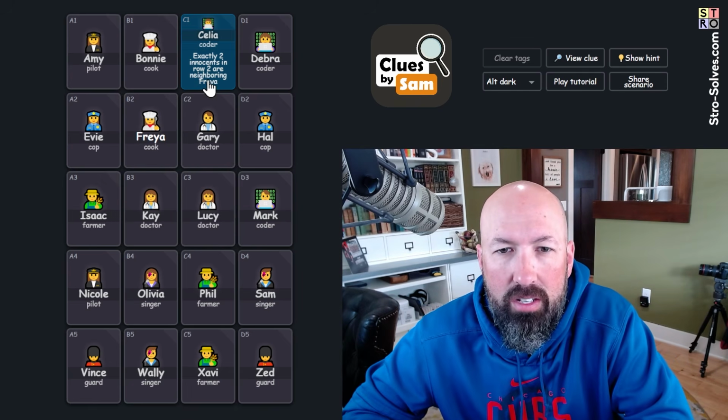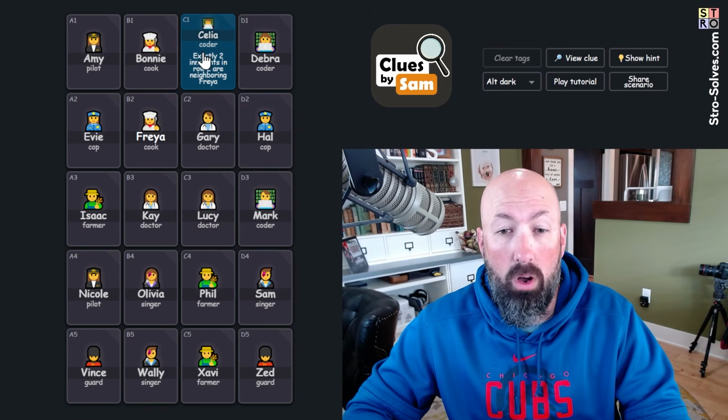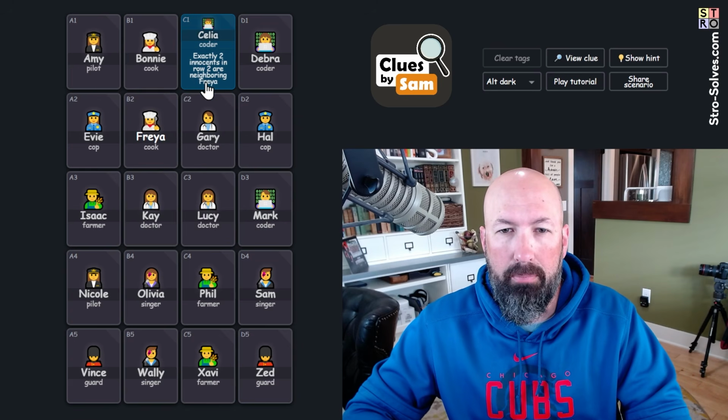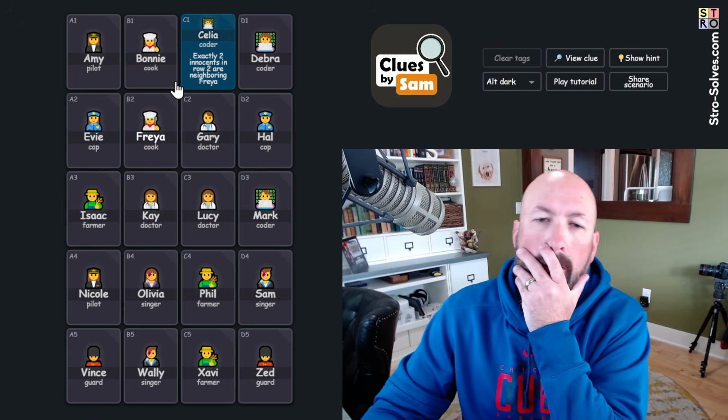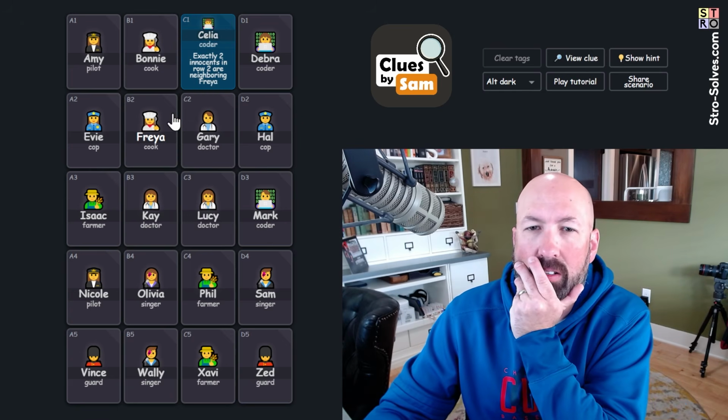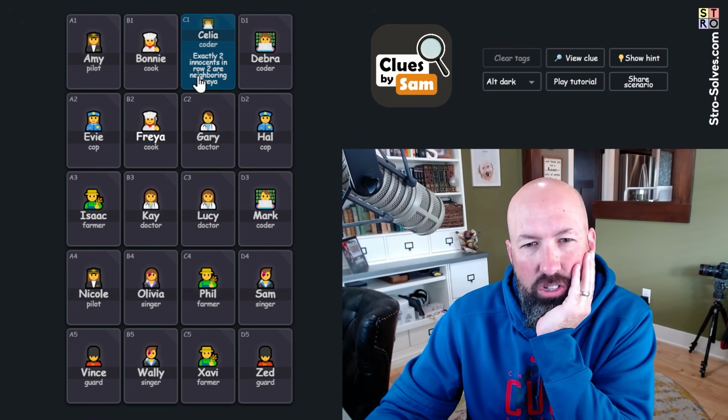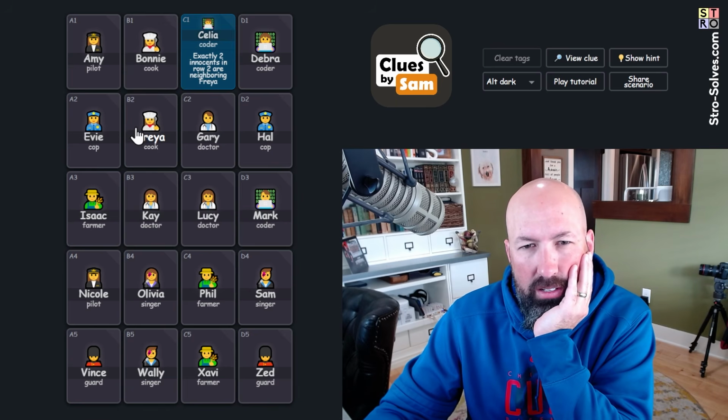So anyways, Celia is our first clue here. Exactly 2 innocents in row 2 are neighboring Freya. Well, we have one. Exactly 2 innocents in row 2. Does that tell us that there's only 2 innocents in row 2, though, right?